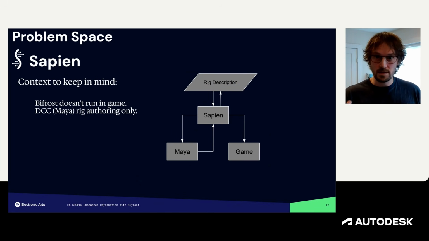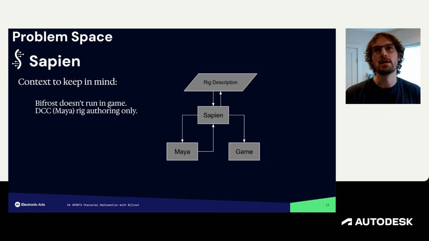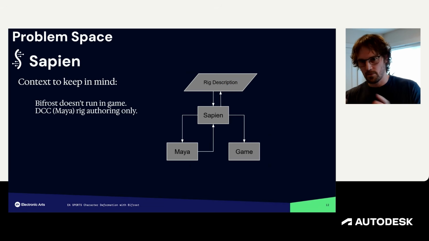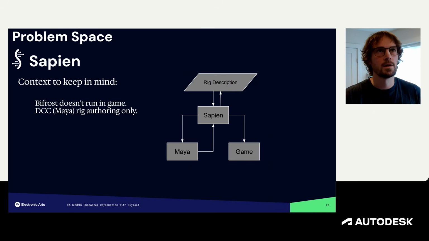It doesn't need a DCC; we have it externalized. Then the Sapien process into Maya is where we use Bifrost. That's where we can build from this description, or we can write to this description. You can see from the Sapien process, we also go to game. I'll explain more about what we use in game later, but this is the context to keep in mind as we go through this presentation.